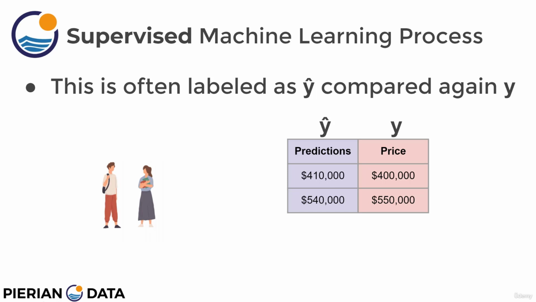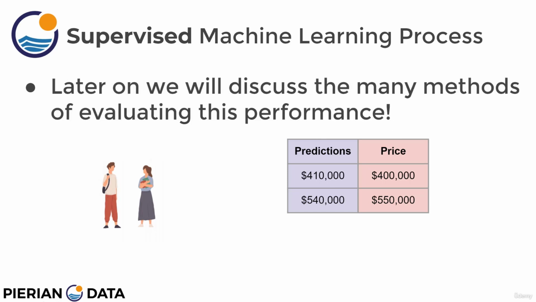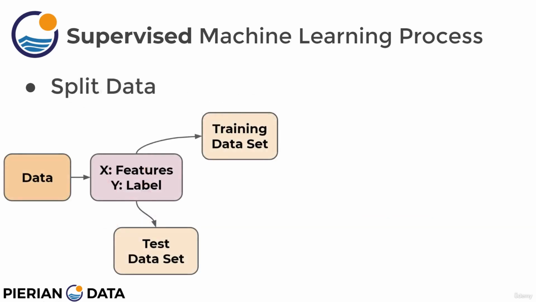And you'll notice here that in general, we can say she's off by an average of $10,000. So later on, we'll discuss many methods of evaluating the performance, but the main idea here is that we're now able to fairly evaluate this human realtor or our machine learning algorithm with the use of a train test split.